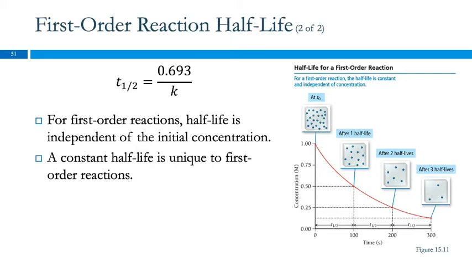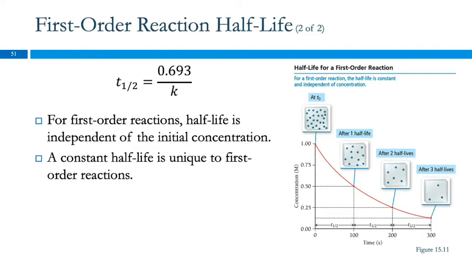So for first order reactions, the half-life is independent of the initial concentration. It just depends on the rate constant. So whatever you start with, after 1 half-life, you have half of it left. After 2 half-lives, now you've got 1/4. And after 3 half-lives, you've got 1/8.